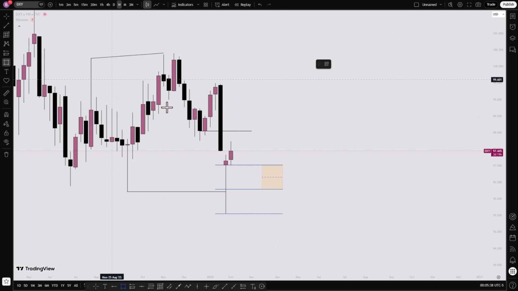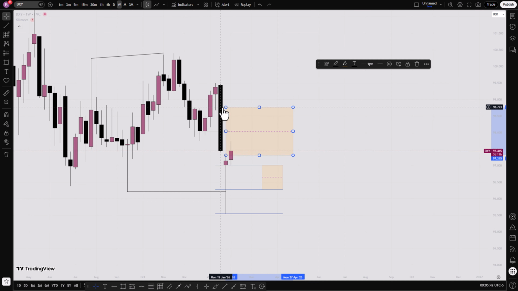And also we have a very large range of fair value gap here. Do you see it? And we are yet to be at the midpoint of the fair value gap. So I'm seeing more bullish prices before anything can happen within the week.